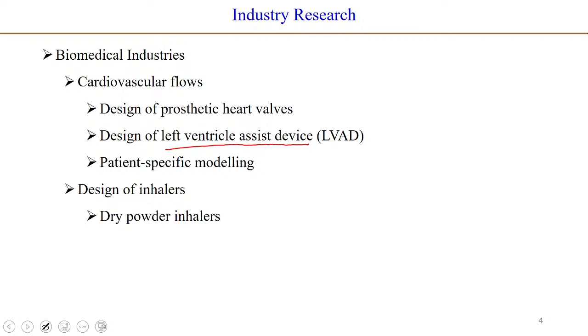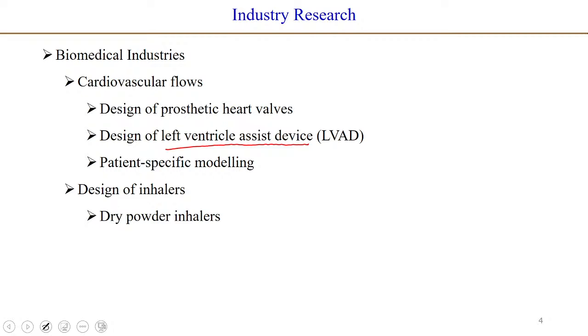The goal here is that the drug needs to be deposited in the lungs so that it can be effective, that is, it needs to be transported in such a manner that maximum deposition can happen and minimum wastage of the drug is done. So for that, the design of dry powder inhalers is quite important.